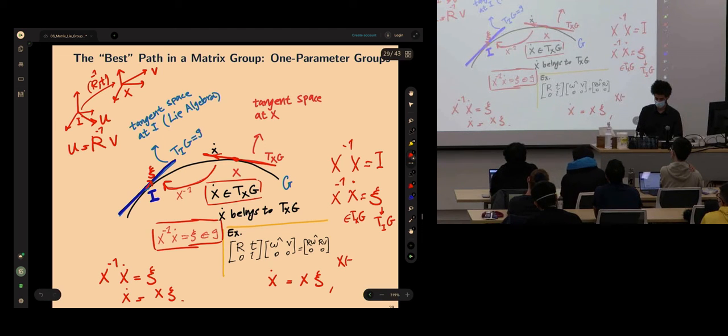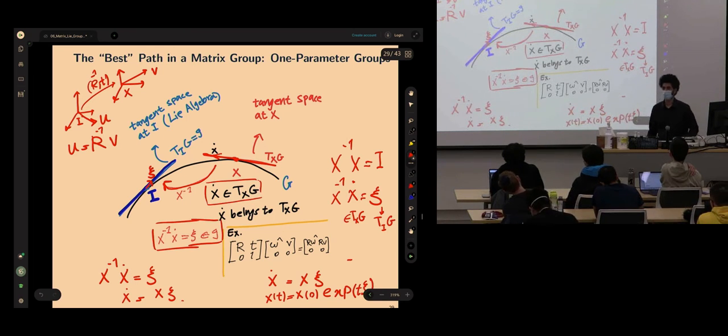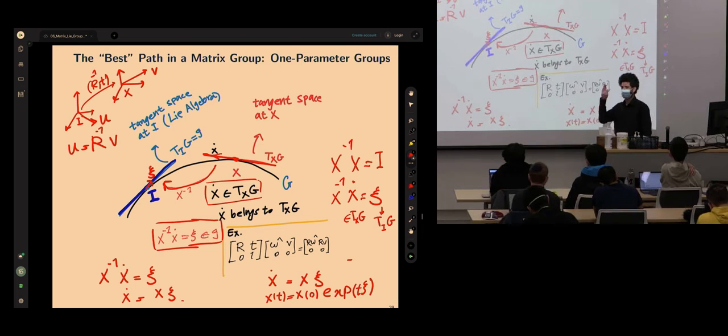So x(t) is x0 times the exponential of t times the velocity. You might have seen it for vectors, it works for matrices as well.